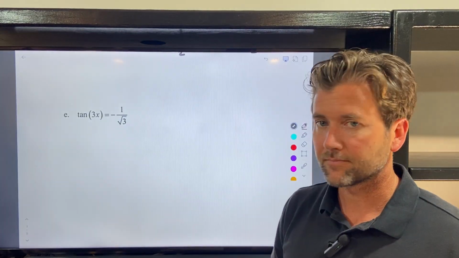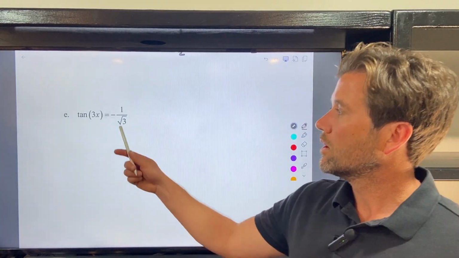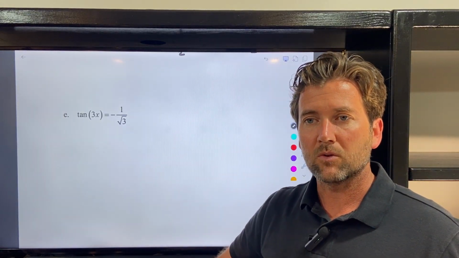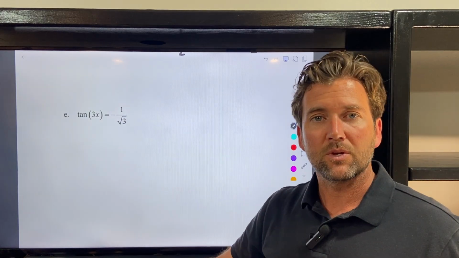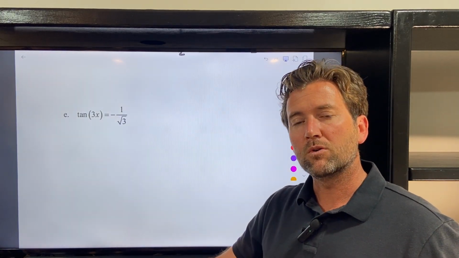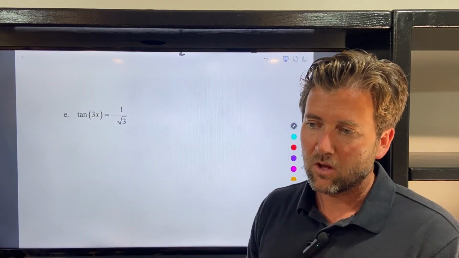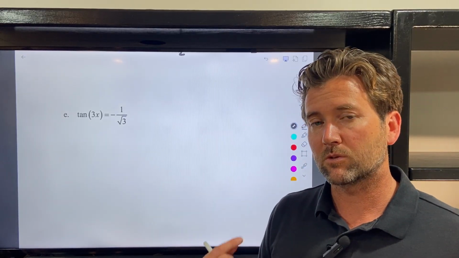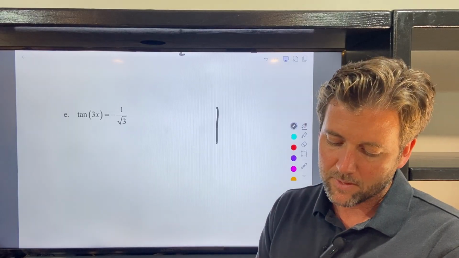Part E. So this is tangent, and when we see the tangent function, we think of the slope of the angles. And we should be familiar with angles that have a slope of negative 1 over rad 3. Those are angles that have a denominator of 6, pi over 6.